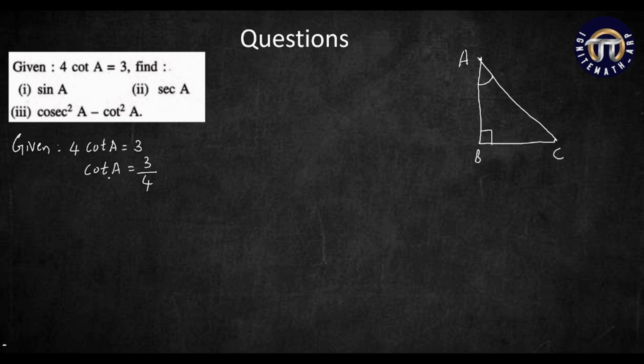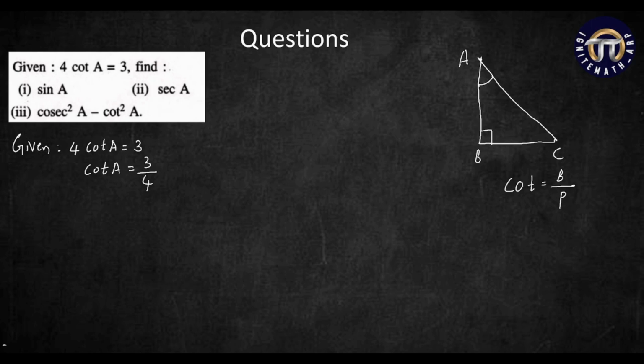First of all, you must know the definition of cot. What is cot, children? Cot is the reciprocal of tan. Tan is tightly pulled back, perpendicular by base, so base by perpendicular is cot. Clear, children? Now for cot A, this is base.